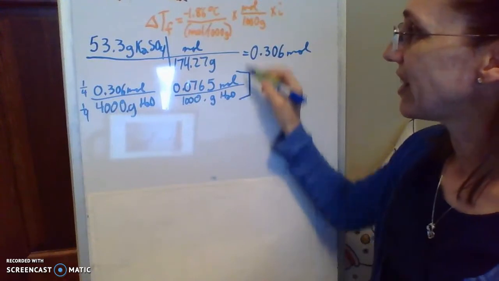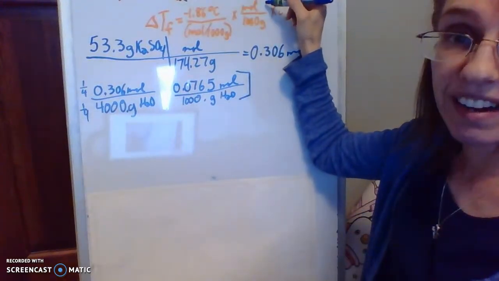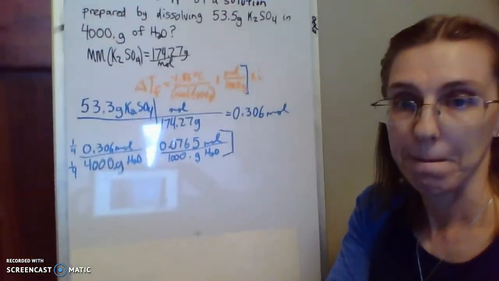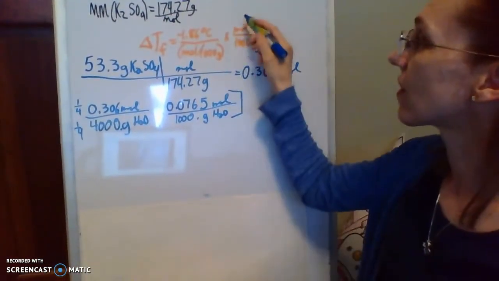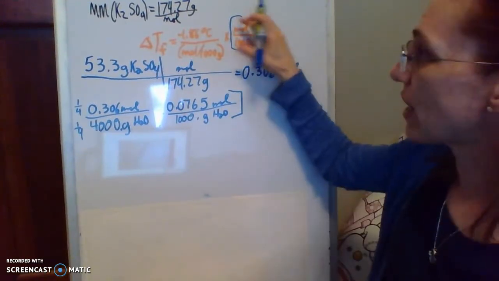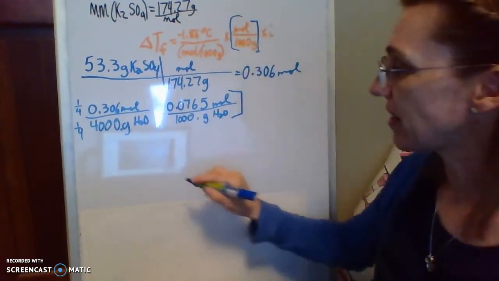This is the form we need to plug right into there. Okay? That's what that is. So now we can go ahead and use this equation and plug right into there.